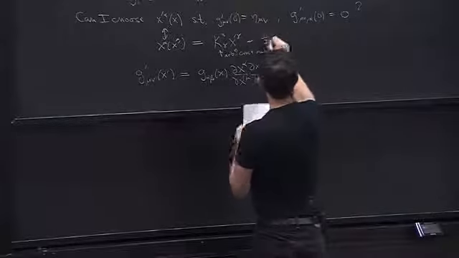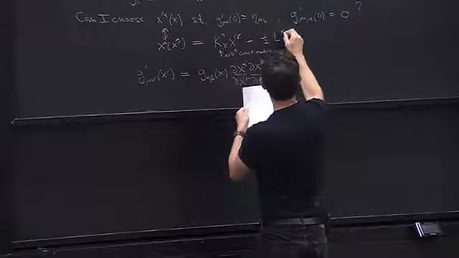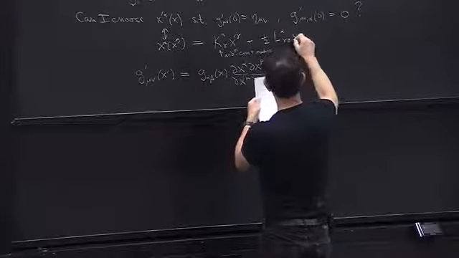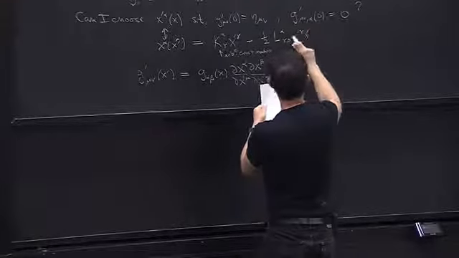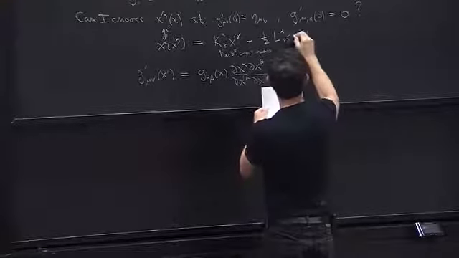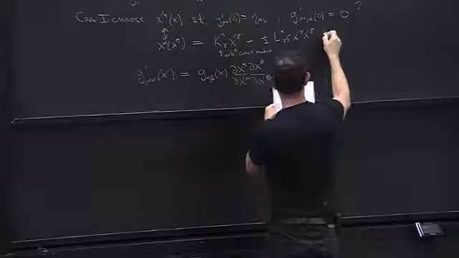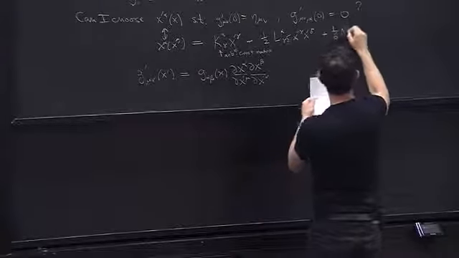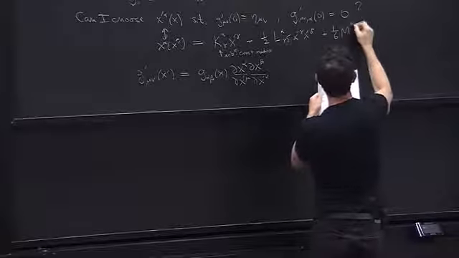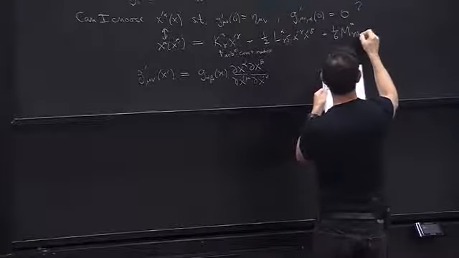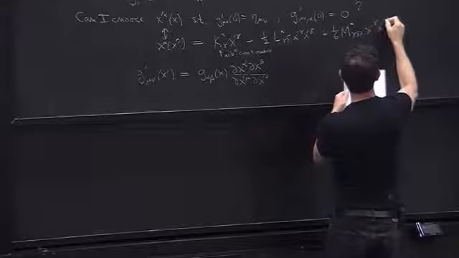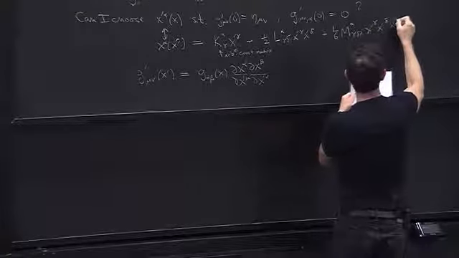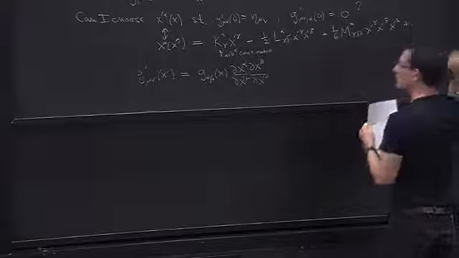So then there would be L alpha gamma beta x prime gamma x prime delta, I called it delta, 1/6 m alpha gamma delta lambda x prime gamma x prime delta x prime lambda plus dot dot dot.